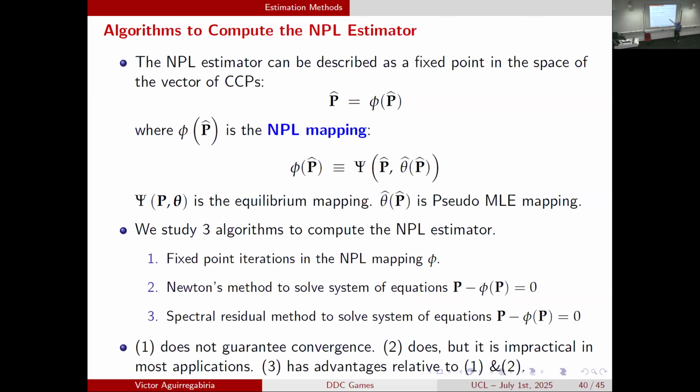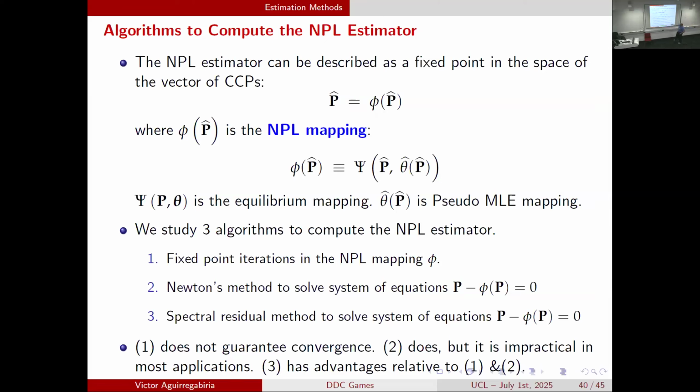The first approach, the one that we proposed and applied in our 2007 Econometrica paper, is simply using fixed point iterations in this mapping phi, okay? Given P, obtain theta hat P, then plug it in here and obtain a new P, and so on, iterating until convergence. What is the problem?